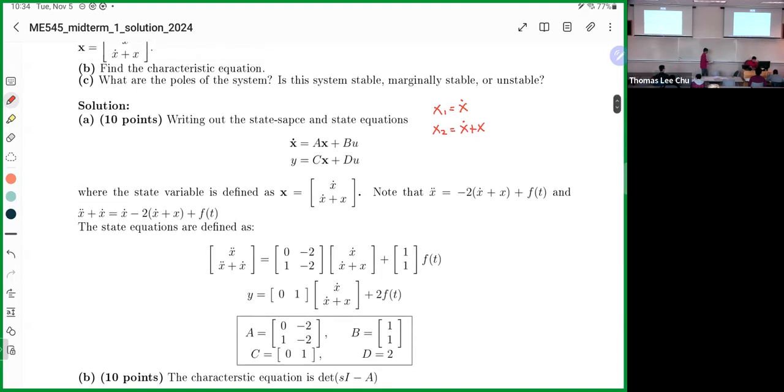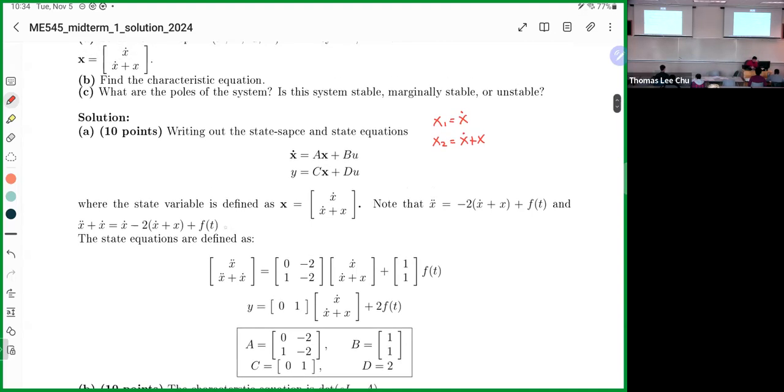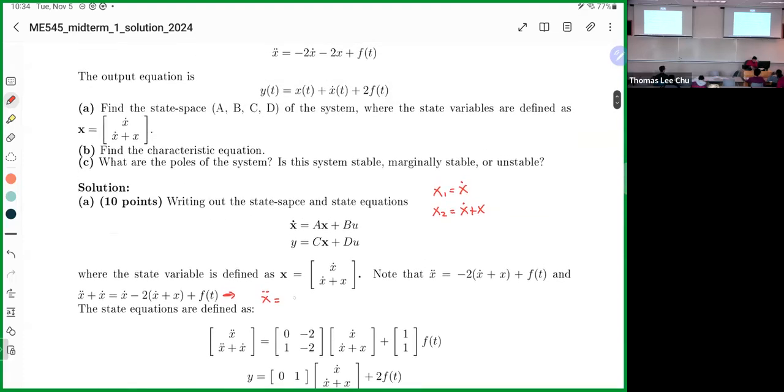Anyway, so the way I define x dot, and I gave you the differential equation here. The first thing I would do is try to rewrite this differential equation in terms of x1 and x2. I pull the -2 out, and I get x dot plus x plus f of t.